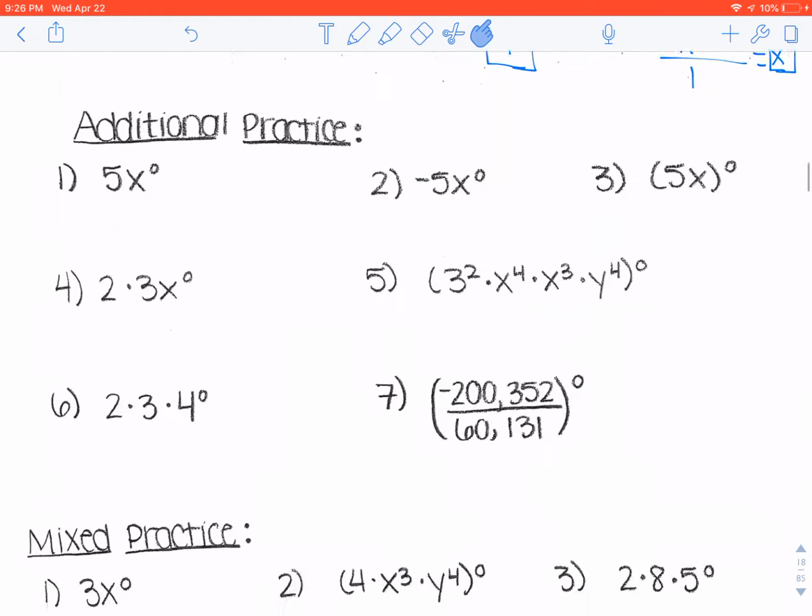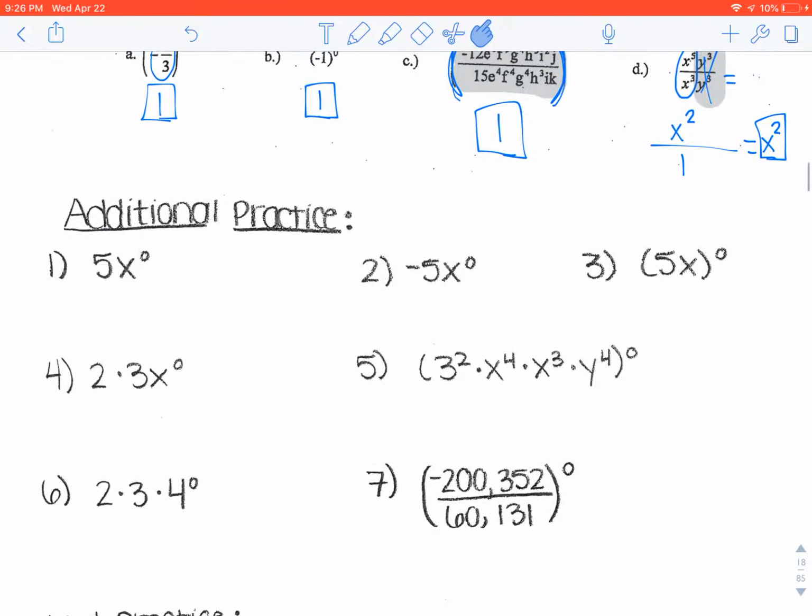All right, so below that, let's look at where it says additional practice. If you would like to pause the video for a minute and try these without me, that's probably a good idea. These ones are a little bit tricky, so just make sure you're remembering the only thing that turns to 1 is the base raised to 0.